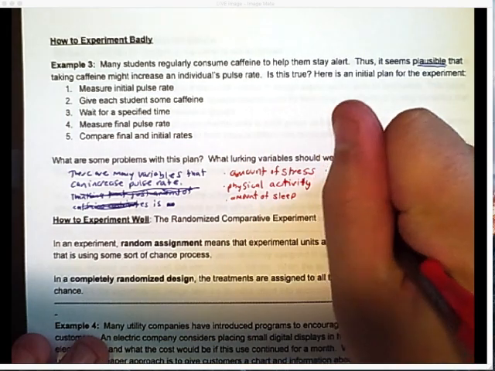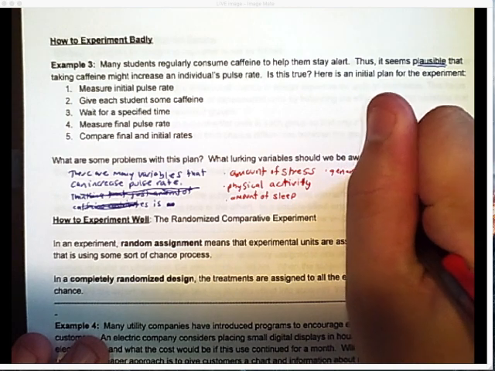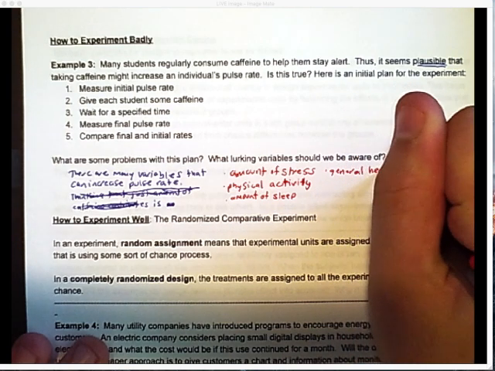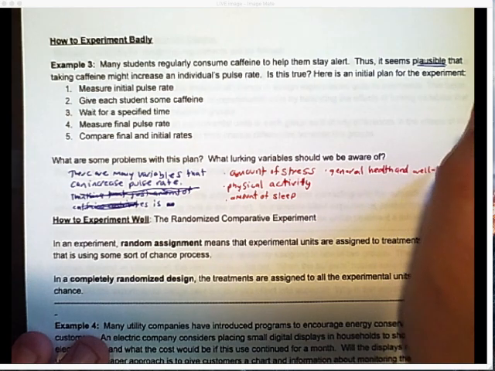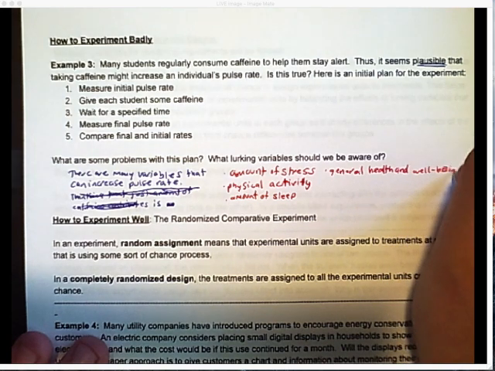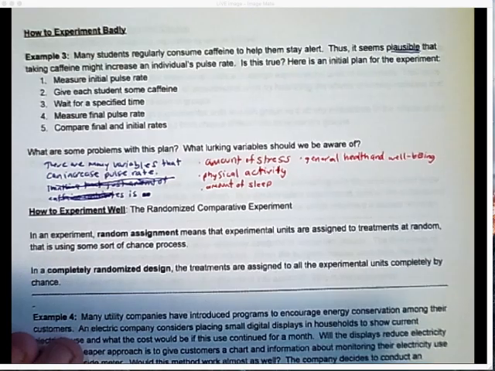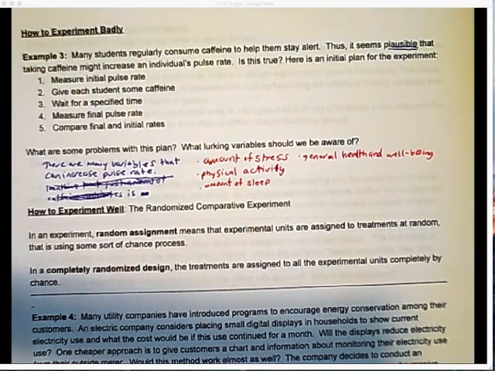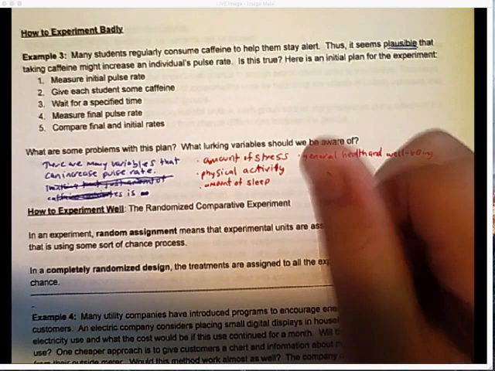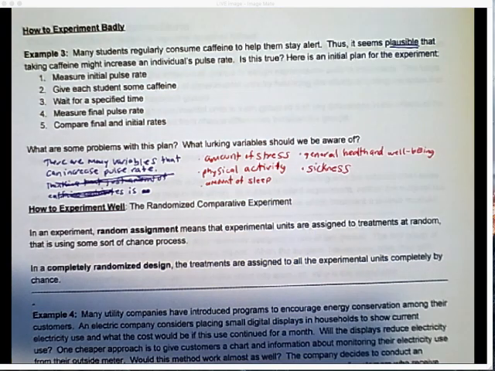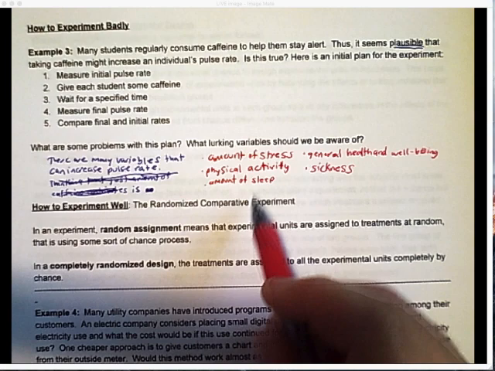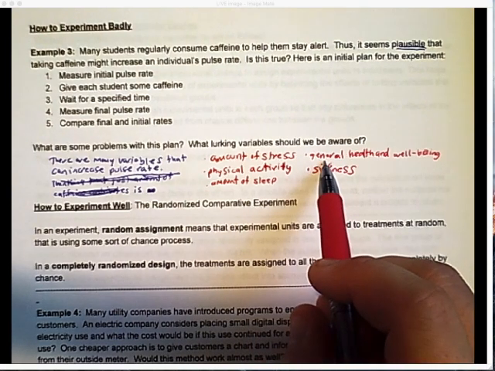Just your general health and well-being. If you're a pretty healthy individual, you're going to have a lower starting pulse rate than someone that's not in good health. Sickness, if you're sick, that will affect your pulse rate. So all of these things can contribute to your pulse rate.